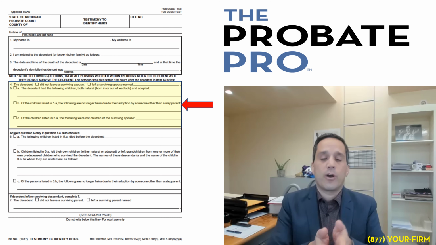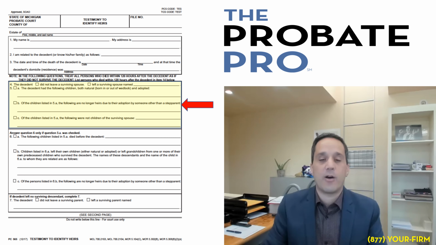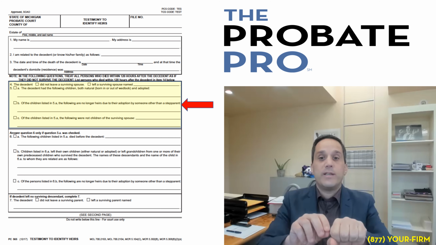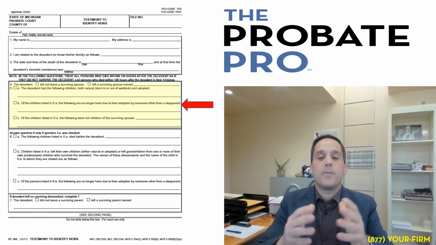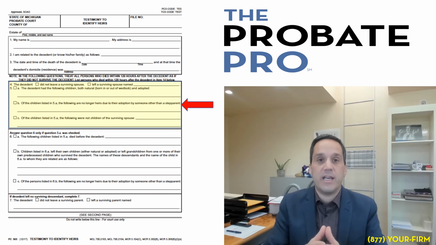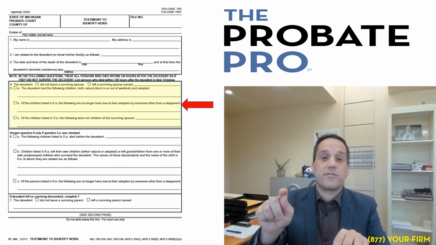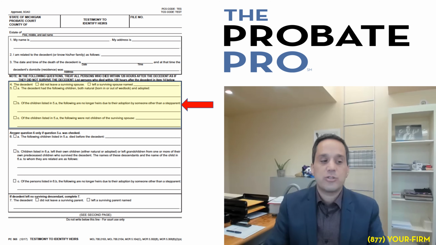And if you are not a child of the surviving spouse, because Michigan's intestacy statute, the statute that governs when somebody dies without a will, differentiates between certain rights for what their allocation is based on whether they are a child of the surviving spouse or not. So that's why the form requires an explanation here.